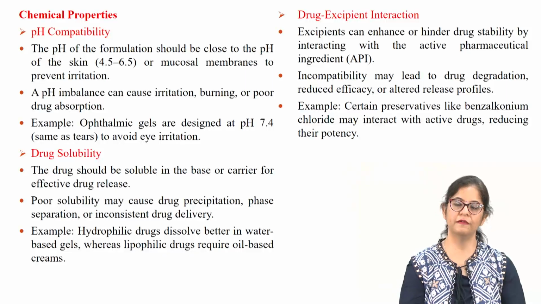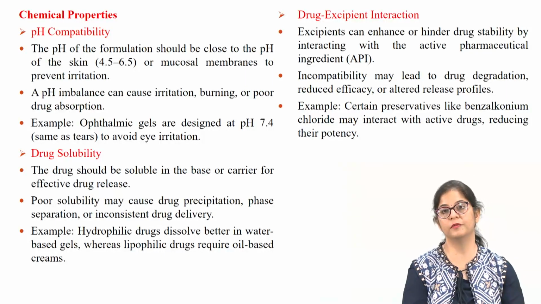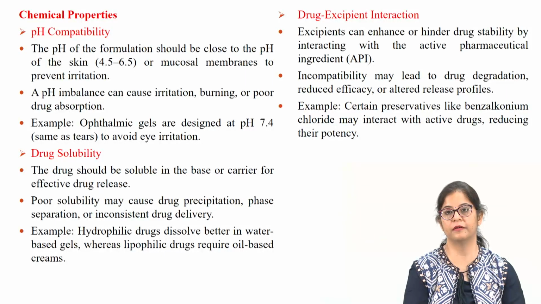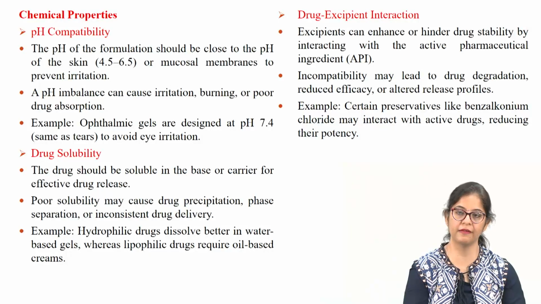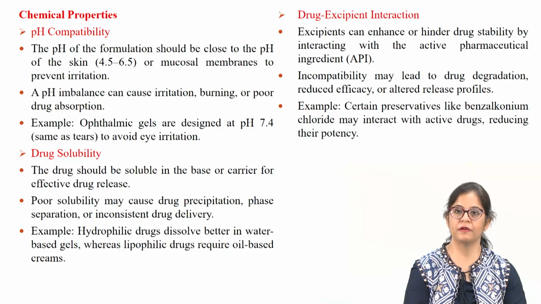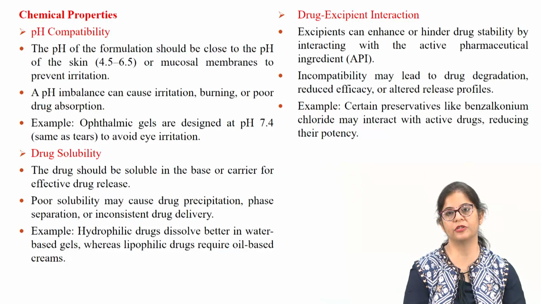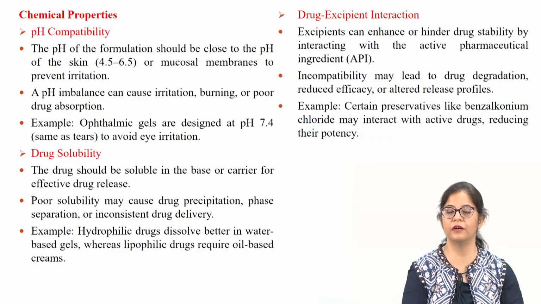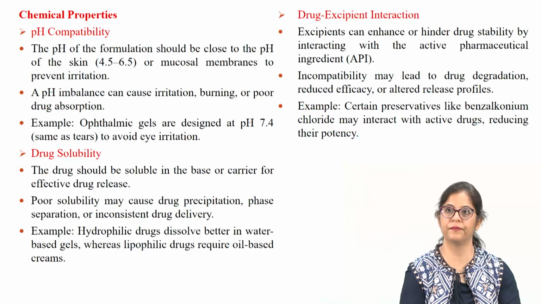The solubility of the drug is important, and it should be soluble in the base or the carrier, for effective drug release across the barrier. Poor solubility may cause drug precipitation, phase separation, or inconsistent drug delivery. For example, the hydrophilic drugs dissolve better in water based gels, whereas lipophilic drugs require an oil based system.